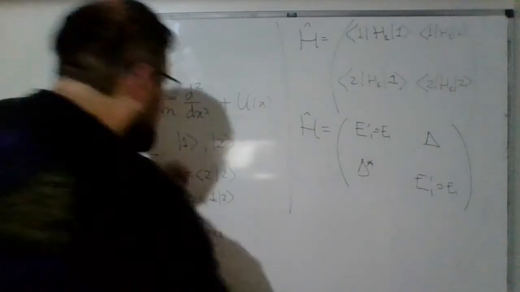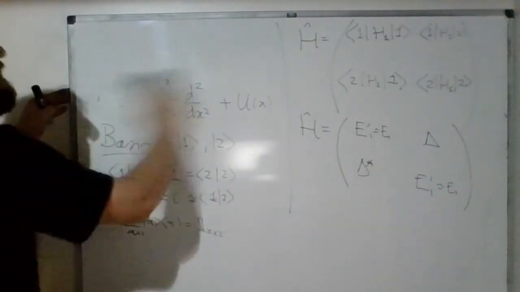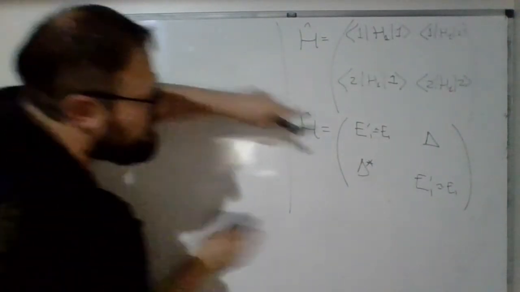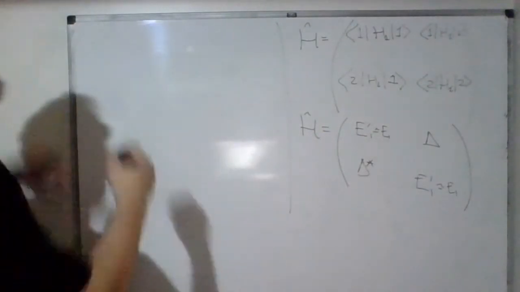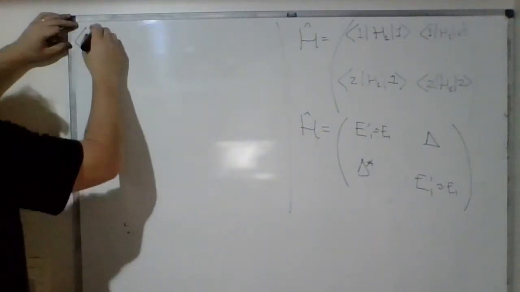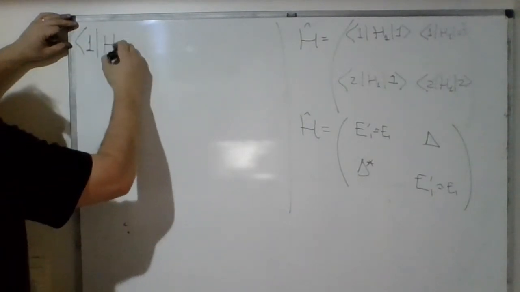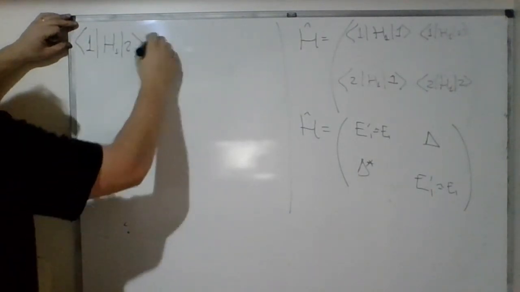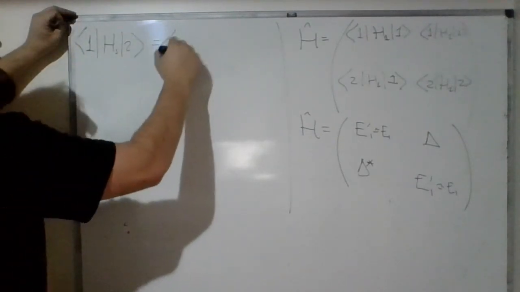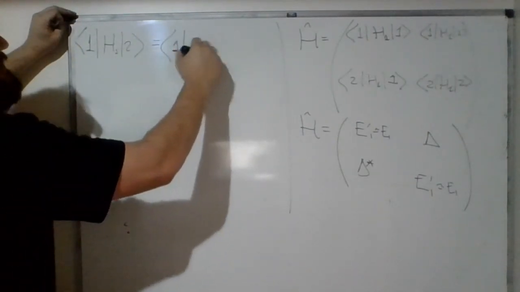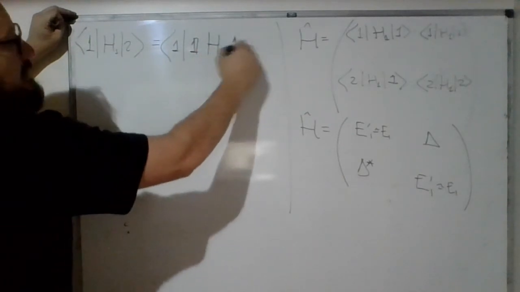So how can you perform these calculations to find out the elements of your Hamiltonian? Well, if you want to calculate one projected into that Hamiltonian with two, you just insert the identity here in the position basis.